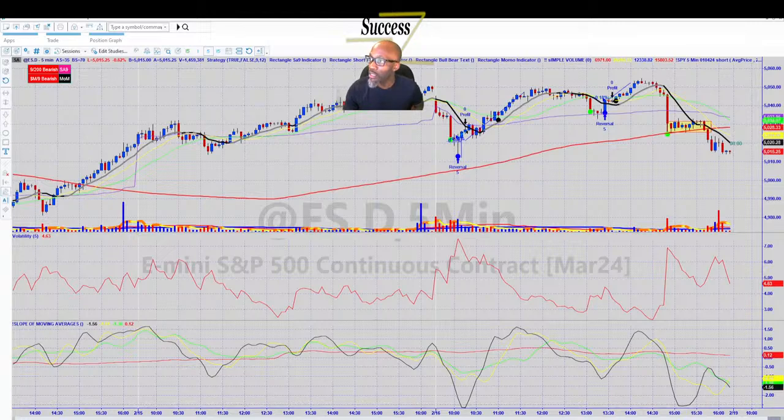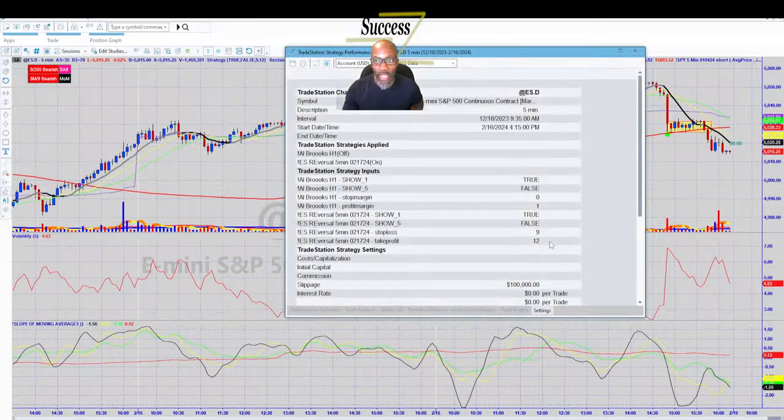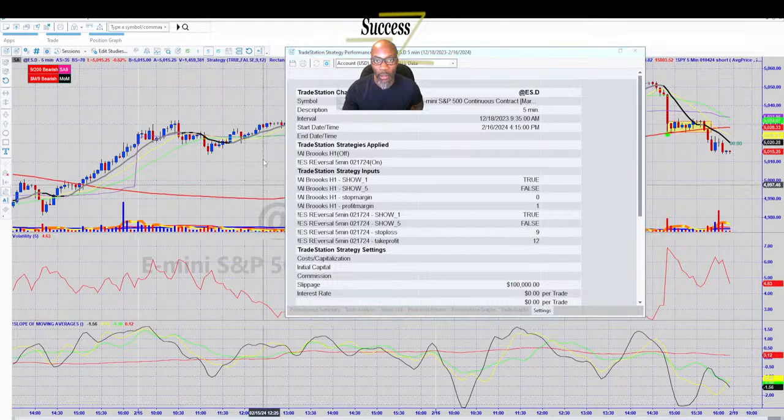Not looking good. This is what it looks like. And this is optimized. Let's see what the settings put it for. It put it for 9 for the stop loss and 12 for the take profit.